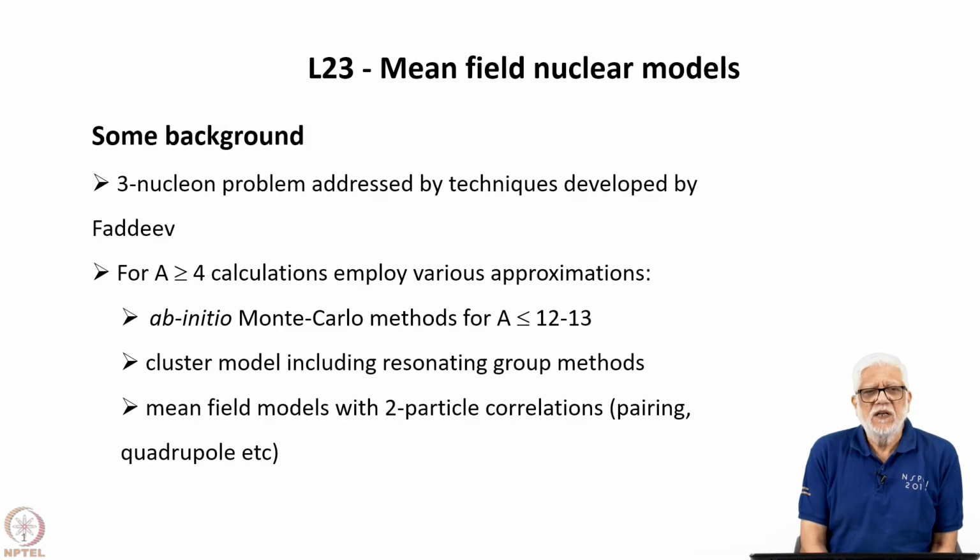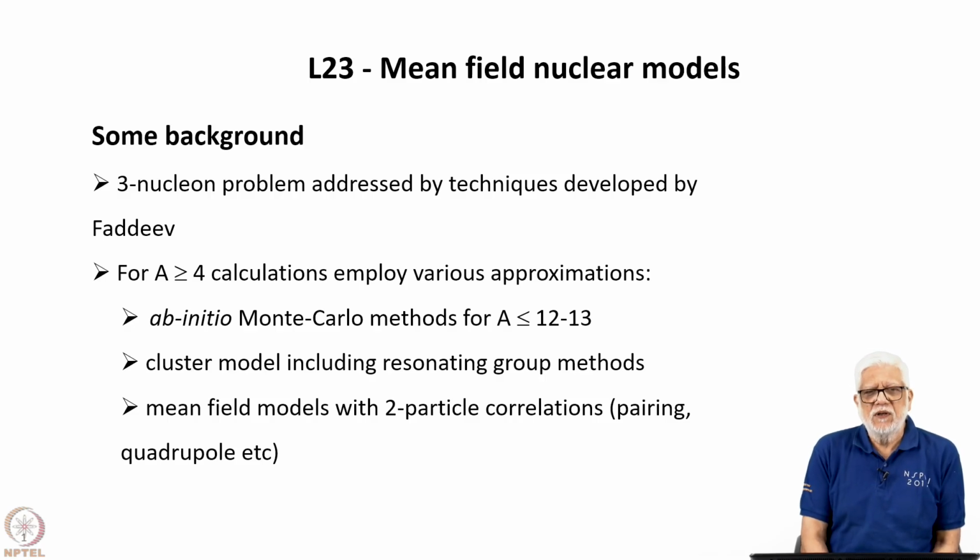Similarly, there is another model that was quite popular in the 30s and so on, which is still being used in some specific cases, namely the cluster model. The modern cluster model actually uses something called the resonating group method. We will not get into that. This was just to state that you have these ab initio models, you have the cluster model, and then of course the most popular model used for heavier nuclei is the so-called mean field model.